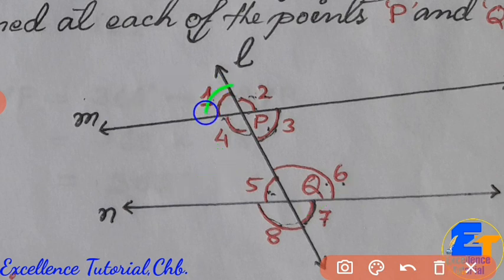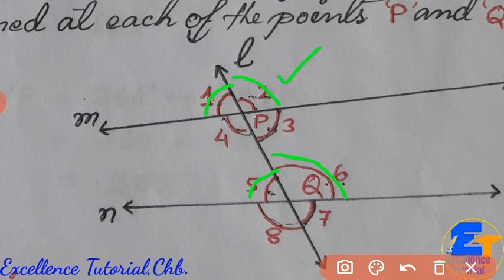So see, if you are taking angle 1 here, the corresponding angle of 1 is angle 5, and the corresponding angle of 2 is angle 6.